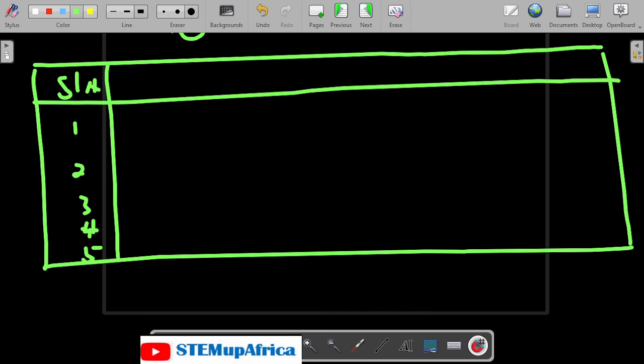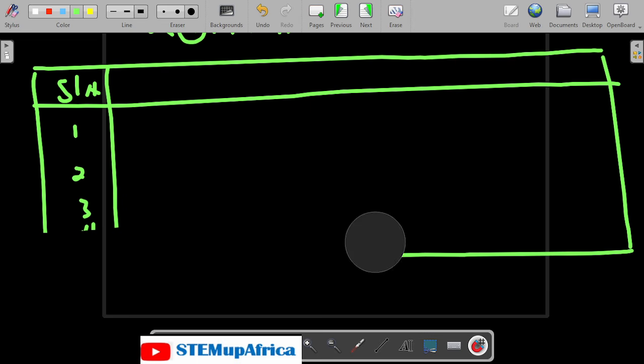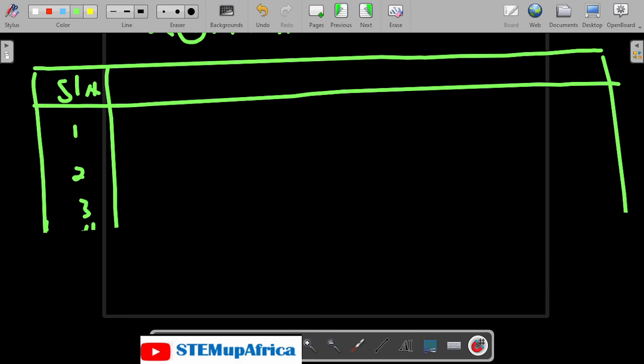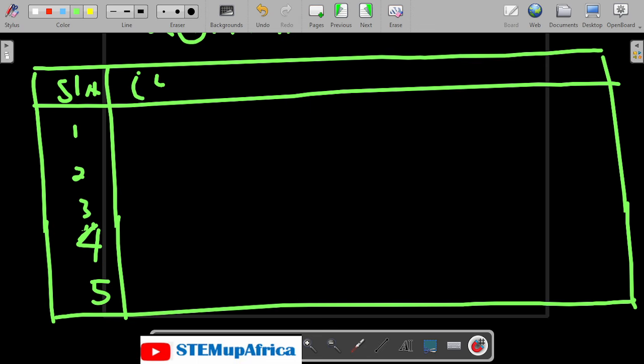Then we also have, let me make it clearer, extend the table a little bit. Here is now 4 and 5. Then we have the incident angle in degrees.